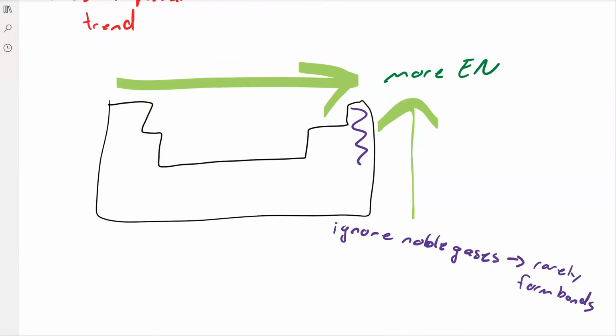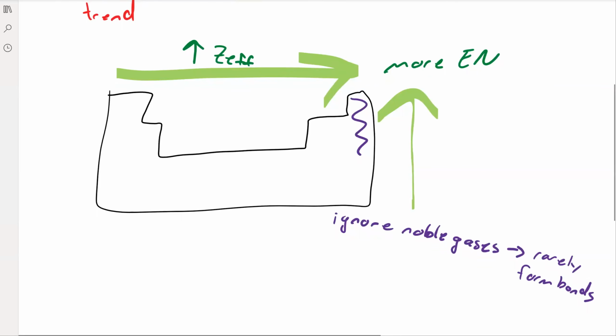So if we think about the nuclei pulling on the electrons in a bond, why do we get more electronegative? Why do we pull harder when we go to the top right? Well, if you think about it going from left to right on the periodic table, we're increasing Z effective. And so our electrons are going to feel that nucleus stronger, so they're going to get pulled more closely to that atom. If we go from the bottom to the top, we get smaller.